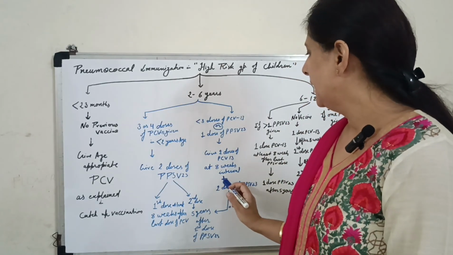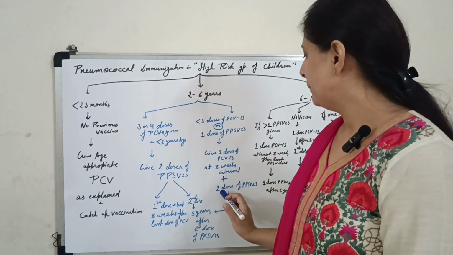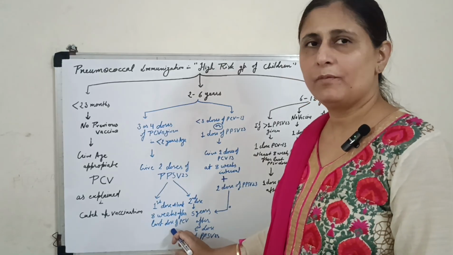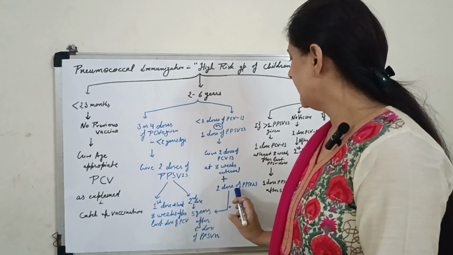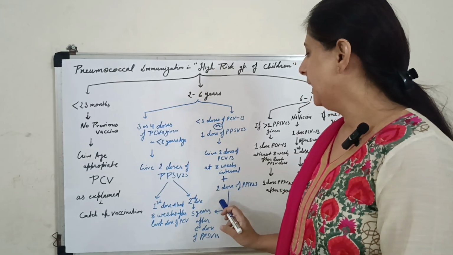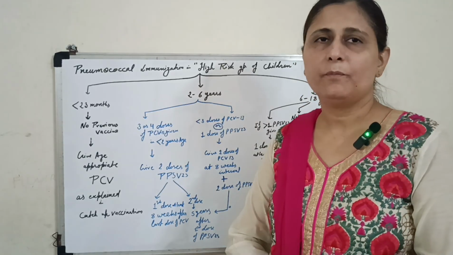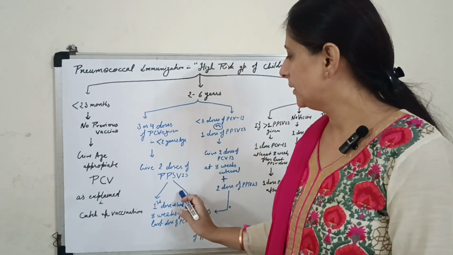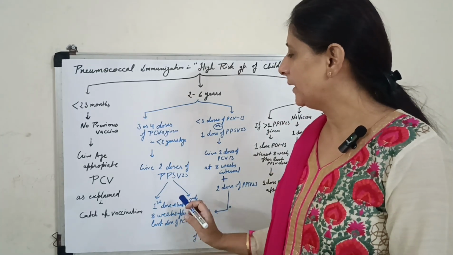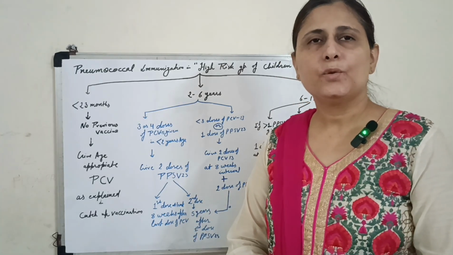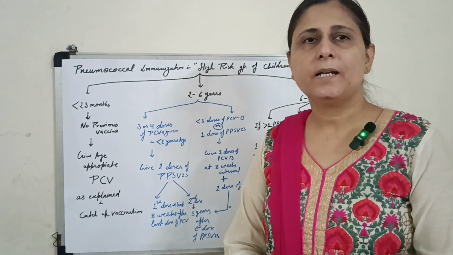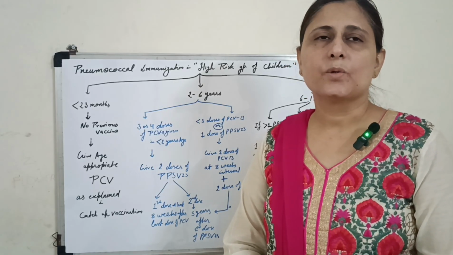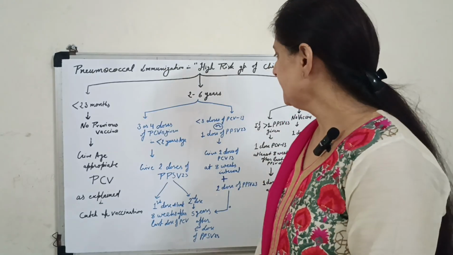After that, 1 dose of PPSV 23 8 weeks after the last dose of pneumococcal conjugated vaccine, and the second dose of PPSV 23 5 years after the first dose of PPSV 23. So this is the PPSV 23 schedule, and we should keep in mind an 8 weeks interval whenever we are giving the second dose of pneumococcal vaccine.